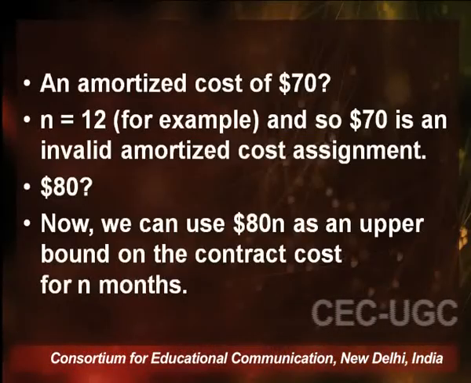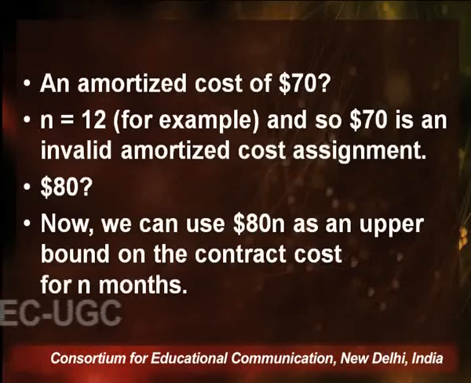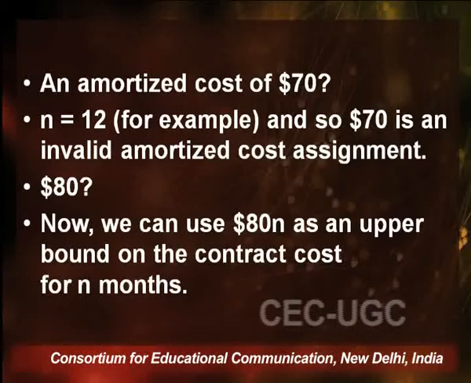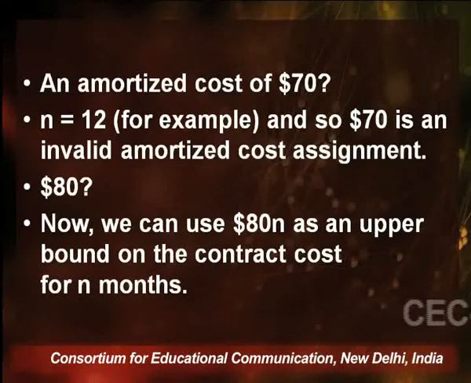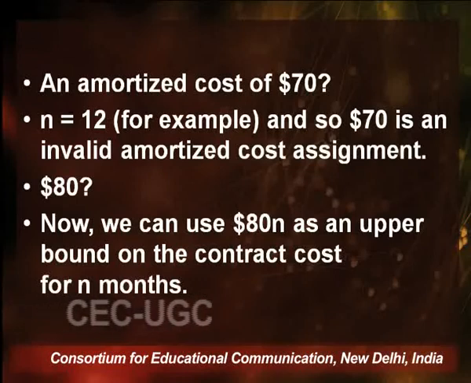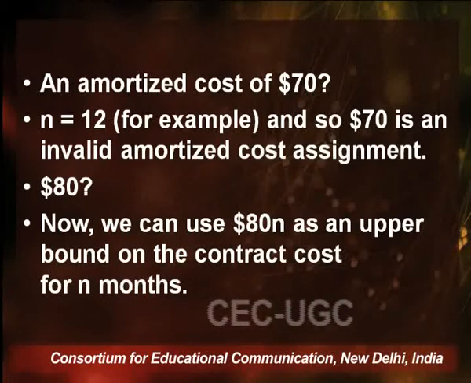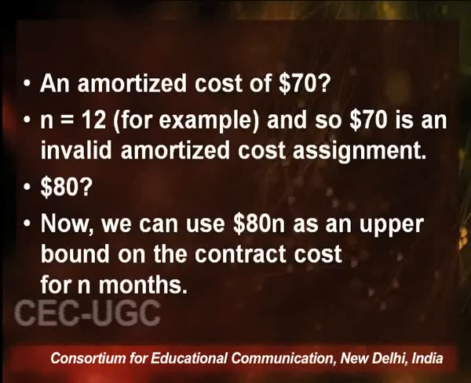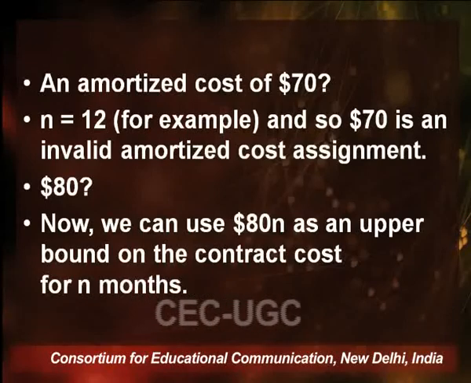But if we experiment with an amortized cost of $70, even for n equal to 12, we will see that this $70 is going to be invalid, because please recall the table that in the month of December we were left with 0 credit when we had taken 75 as the amortized cost. Now imagine that we are further decreasing it.